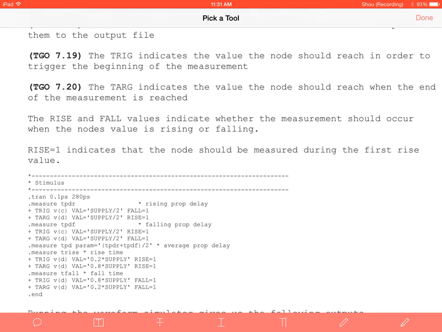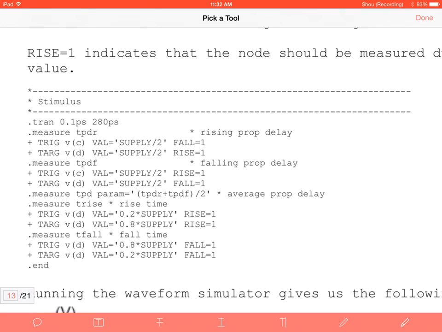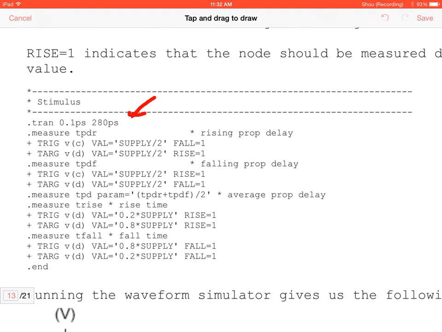Okay. So here is a sample stimulus code. Here we have 280 because we want to measure one full cycle, and I've set it to 0.1 picoseconds for our measuring increments. Next, we're going to call this TPDR. We're going to measure the propagation delay of the rise.